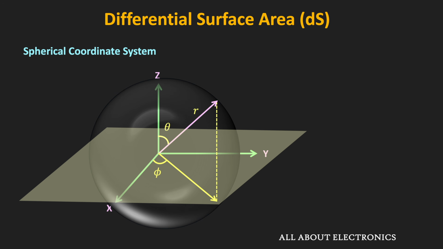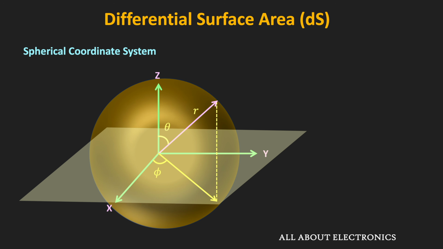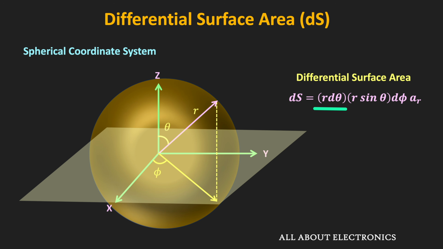So in the spherical coordinate system, if we keep the r constant and change the theta and the phi, then we will get this outer surface. And for this outer surface, the differential surface area can be found by multiplying the differential lengths in the theta and the phi direction. So we know that for the spherical coordinate system, the differential length in the theta direction is equal to r times d theta, while the differential length in the phi direction is equal to r sine theta times d phi.